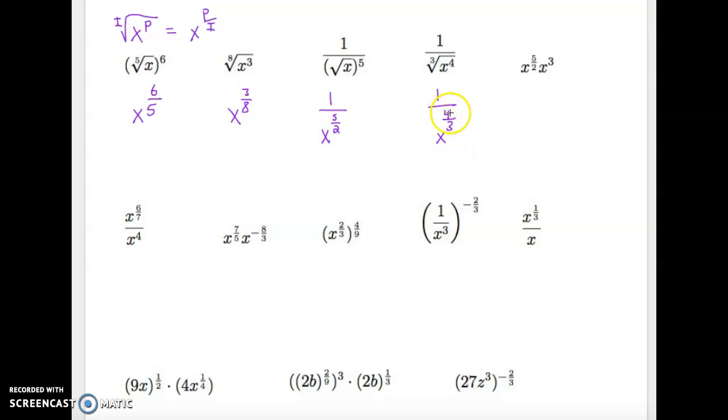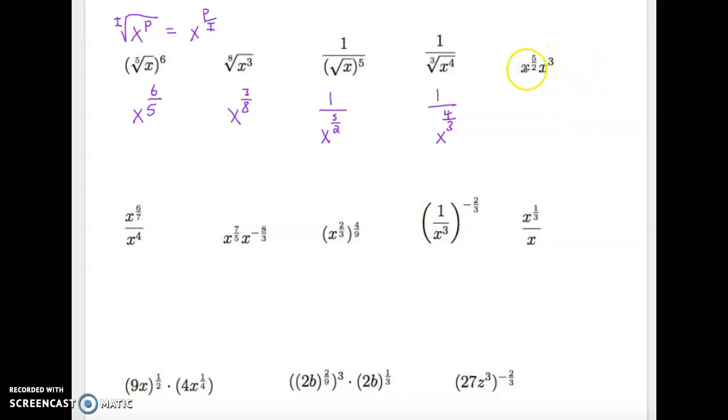So those are all ways that you can rewrite radicals as exponents. You could also rewrite exponents as radicals or multiply them together. To simplify things, you very often have to work with them in fractional form, but at the very end, we would like to leave them as radicals for the most part.